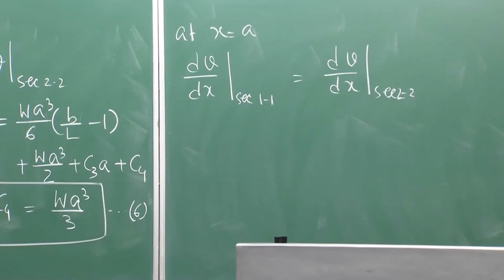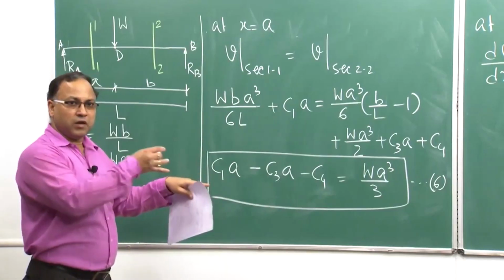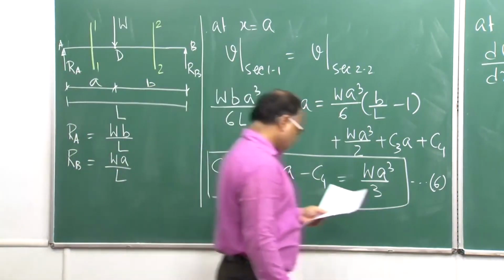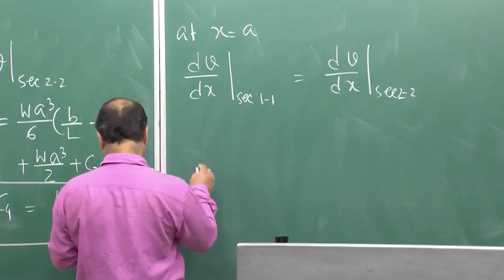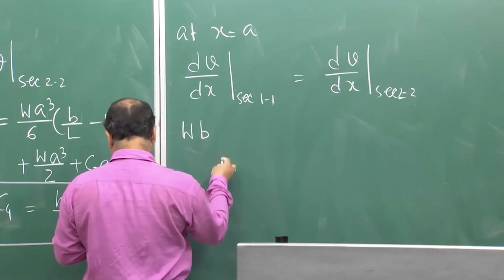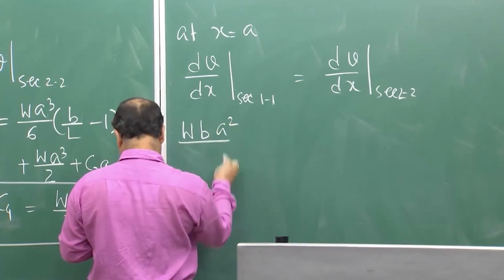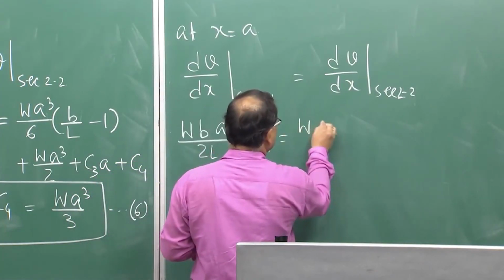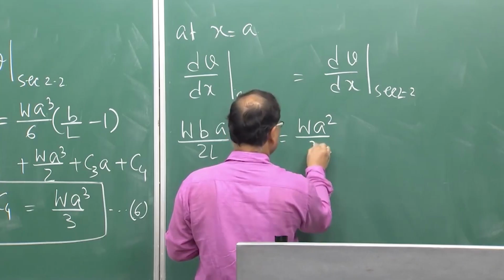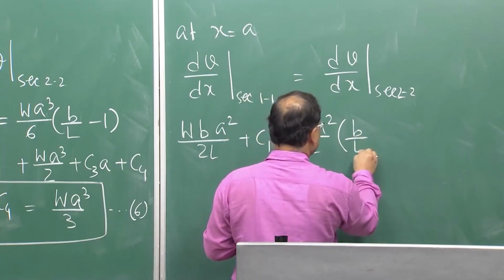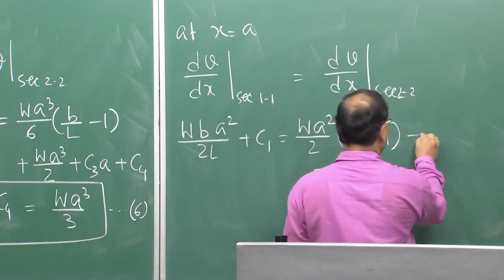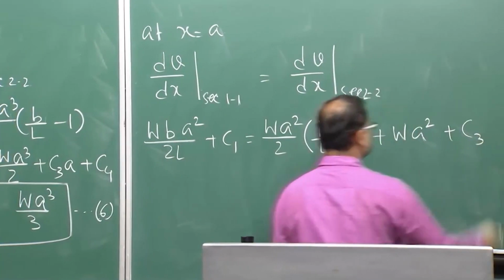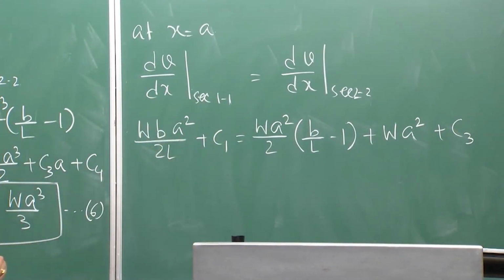Deflection has to be same at point D, as well as the slope. So, W b a square by twice L plus C1 is equal to W a square by 2 (B by L minus 1) plus W a square plus C3.